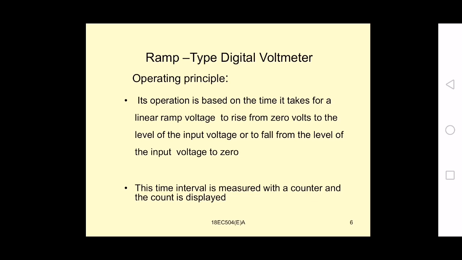Whenever the input voltage and the ramp signal coincide, from the 0 level to the coincidence level, we measure the number of gate counts, so that it directly gives the digital value corresponding to the analog value. The count is displayed on the digital readout screen, which may be either an LCD or LED display.